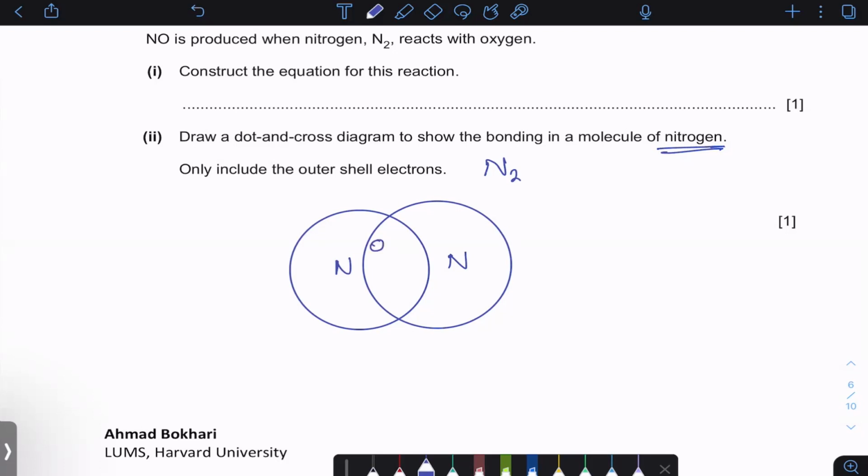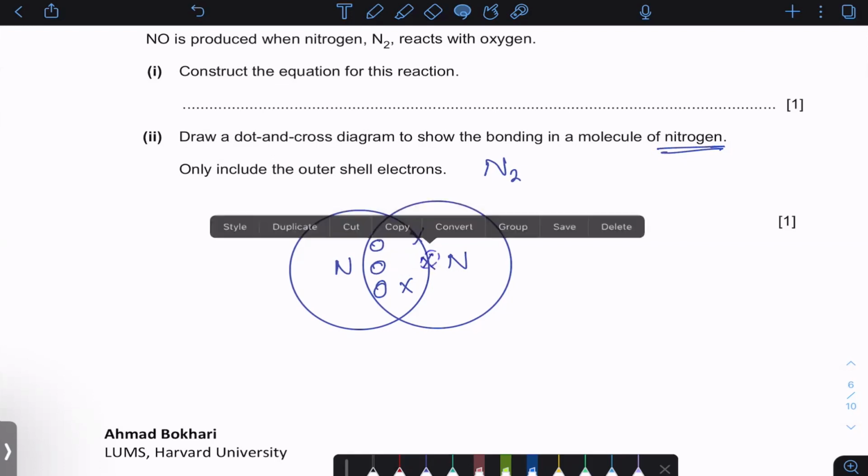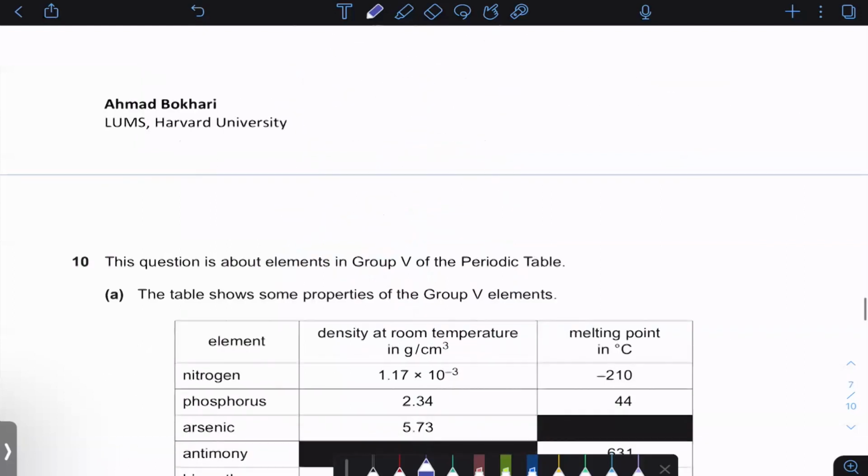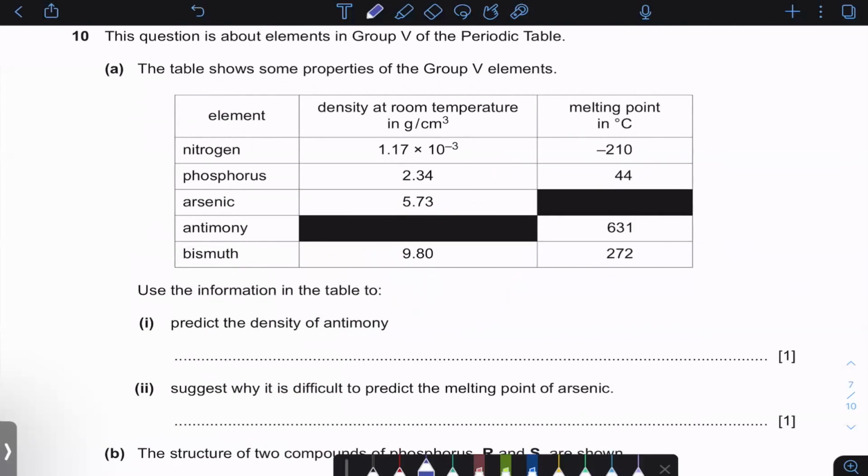So हम 3 share करवाएंगे इससे. अच्छा, आप उनको ऐसे भी लिख सकते हो, कोई इशू नहीं है. ठीक है? Similarly, अब नाइट्रोजन के पास 5 थे, 3 shared हो गए. So 2 leftovers. There you go. So nitrogen molecule there. So it's a triple covalent bond. And that triple bond is why nitrogen is so unreactive.